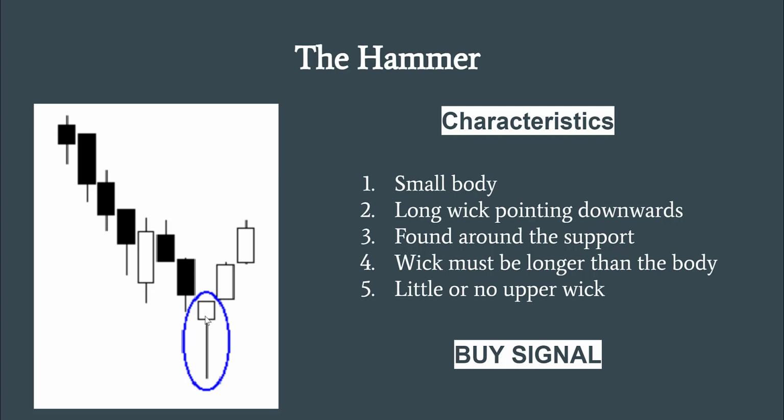You need to ensure that it's on a support, and if you see it appear on a support that has been previously tested before, that makes it stronger, and such hammers tend to be more accurate in trading them.